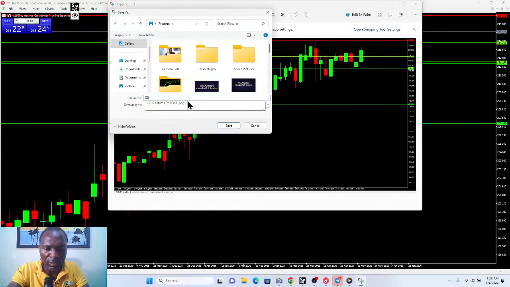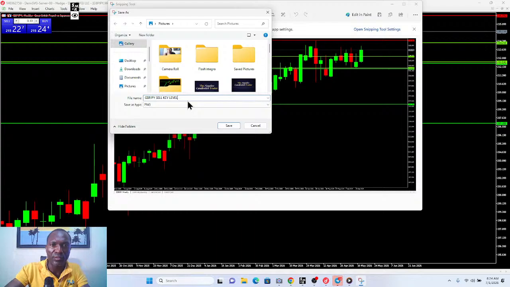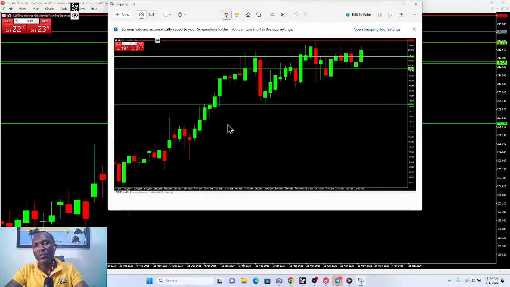Then that will be for the sell key level. We've already saved that.